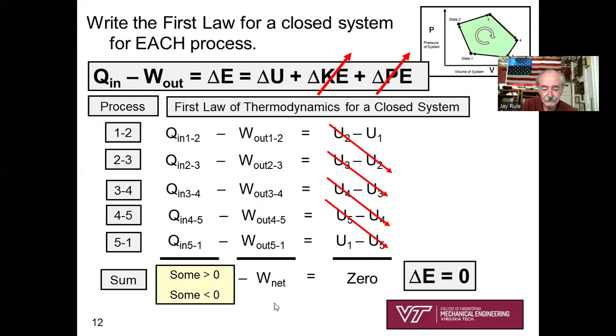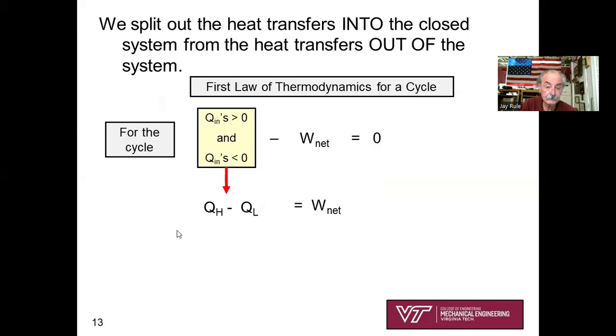So let's see where we go with that. We're headed towards a statement of the first law for a cycle. I've got a little nomenclature, so I'm going to pull a little bit of a trick and introduce a couple of new variables.